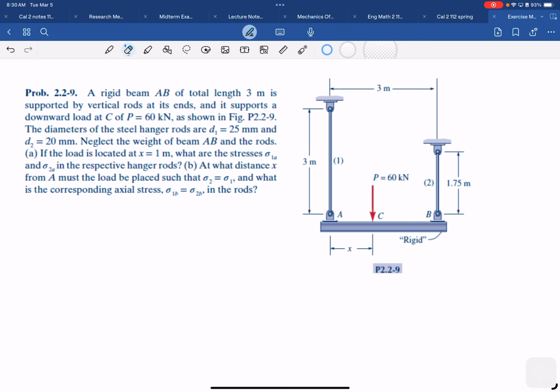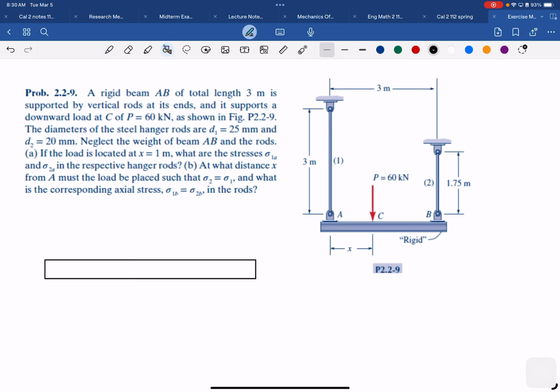So let me draw the diagram. So this is for number A. Number A says that at the respective rod, the stress will be sigma 1A for the left, and the second one is sigma 2A.